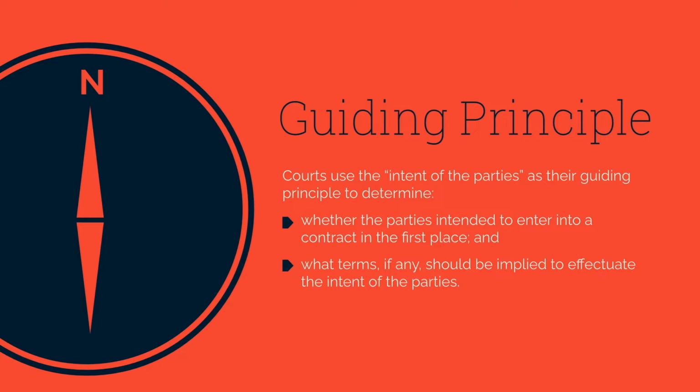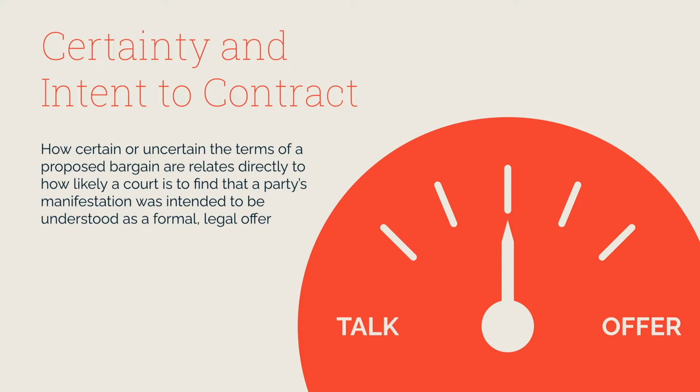So if it's clear that the parties wanted to form a contract, then the court is going to try to make that happen if it can. And so when we look at certainty and intent to contract, again, if the parties intended to contract, then the court will try to do that. But one indication of intent is how certain is this manifestation that the offeror made?